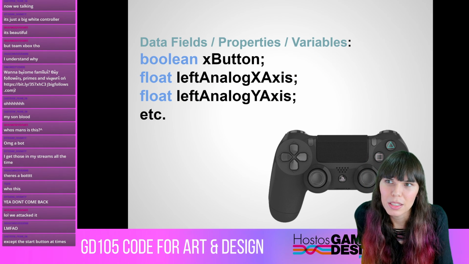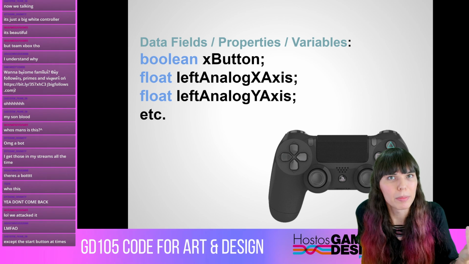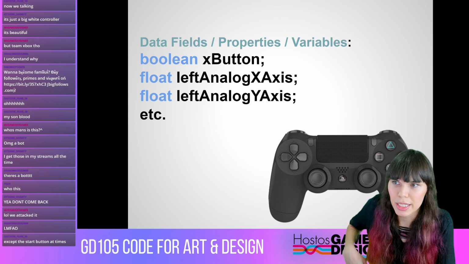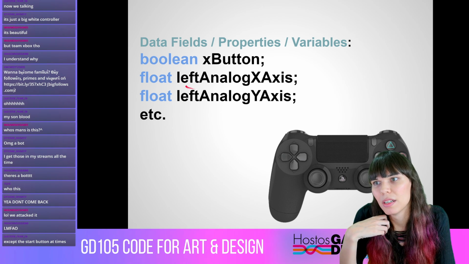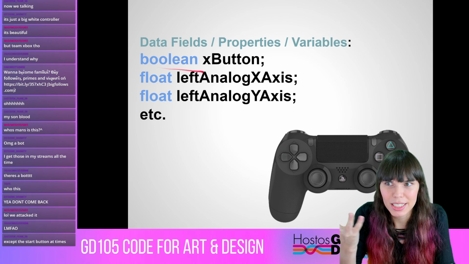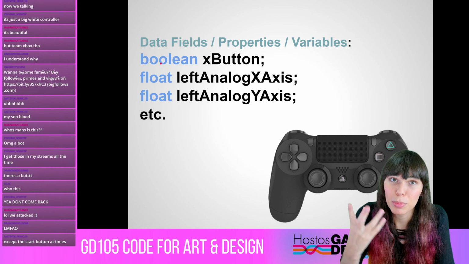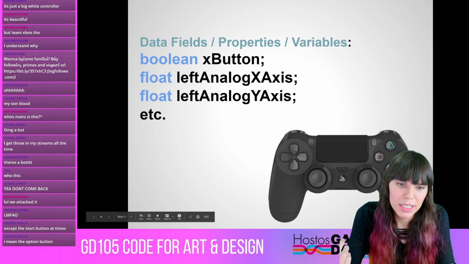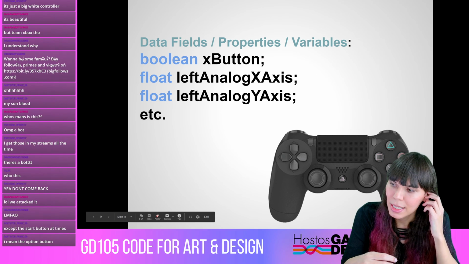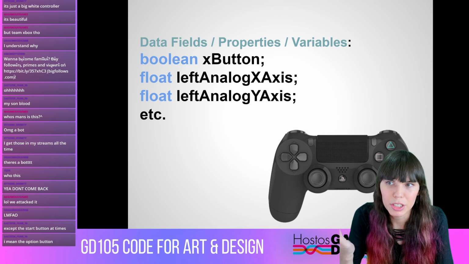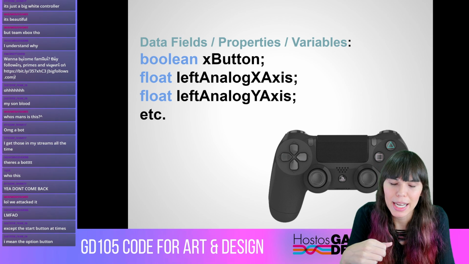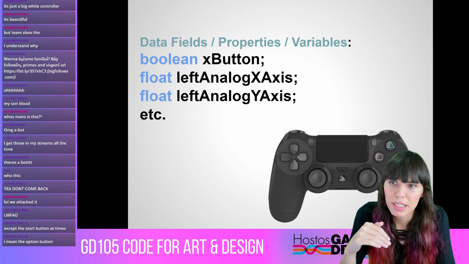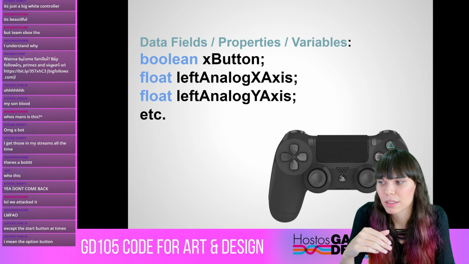And so we also have data fields or properties or variables associated with this. This is just an approximation. We might have a Boolean variable for the X button. We could think about the X button as having two potential values, an on or an off value, a true or a false value.